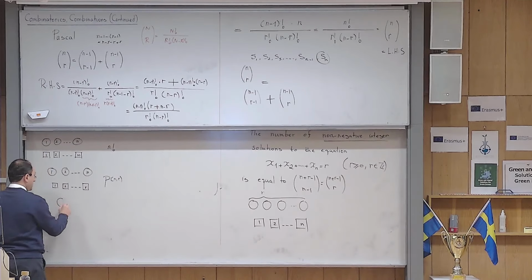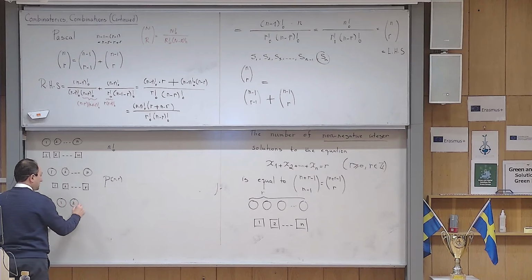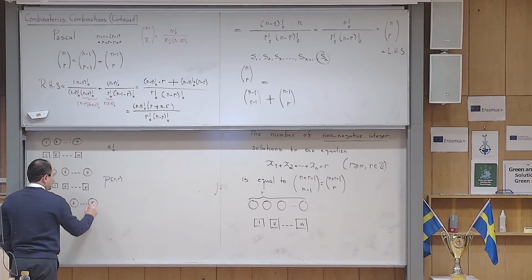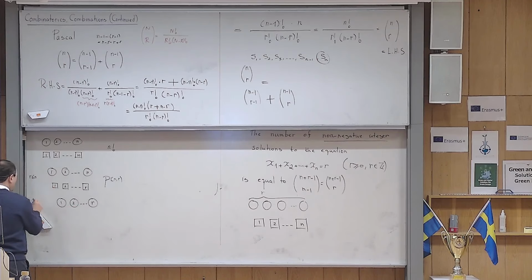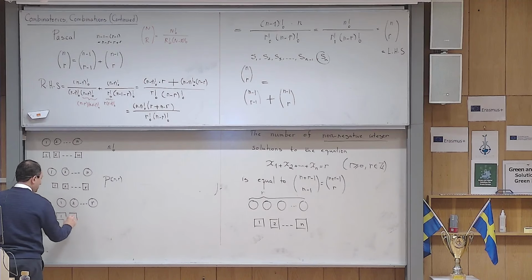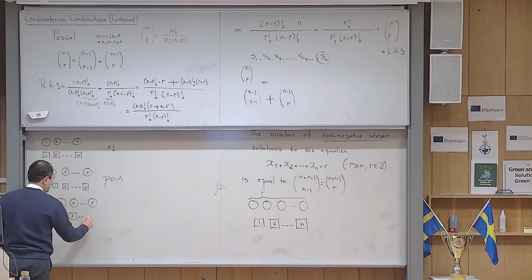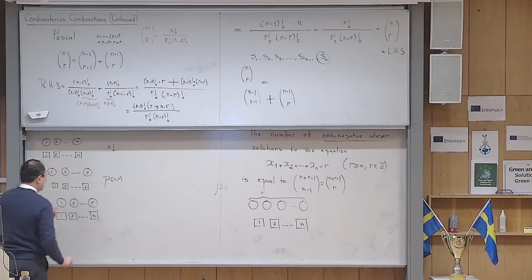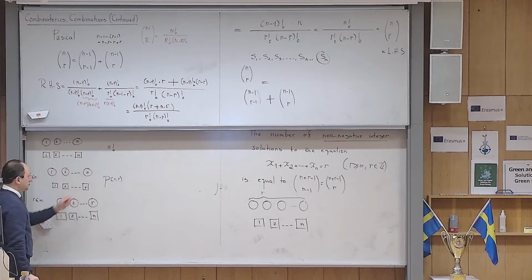In this case, I have r different marbles. Again, r is less than n. This time I have n boxes, but the boxes are also distinct. Here, the number of marbles is less than the number of boxes.